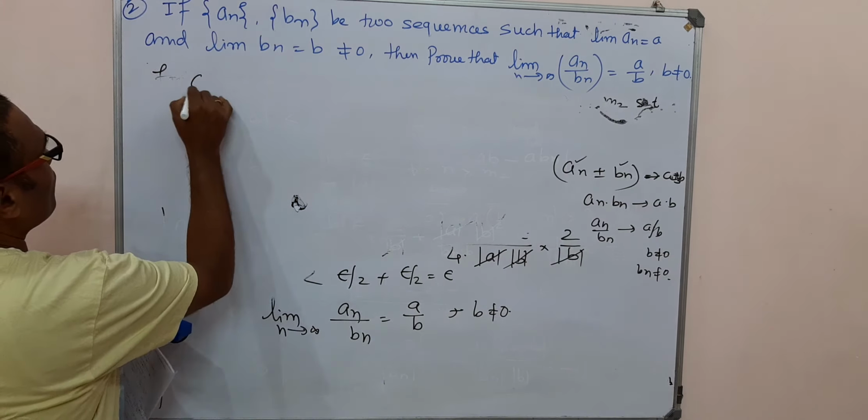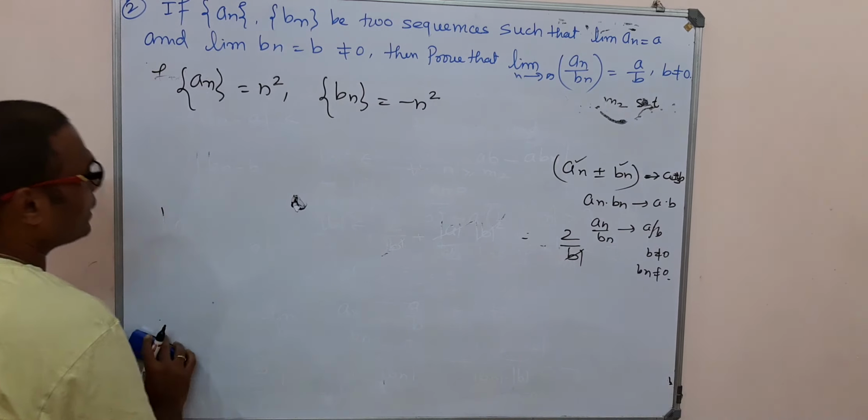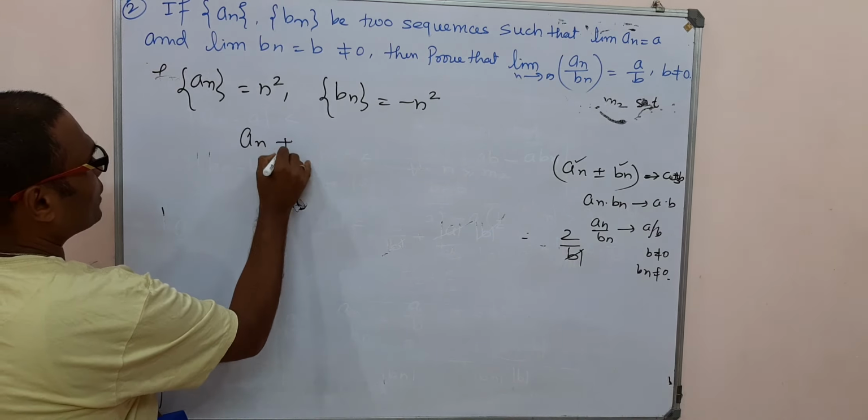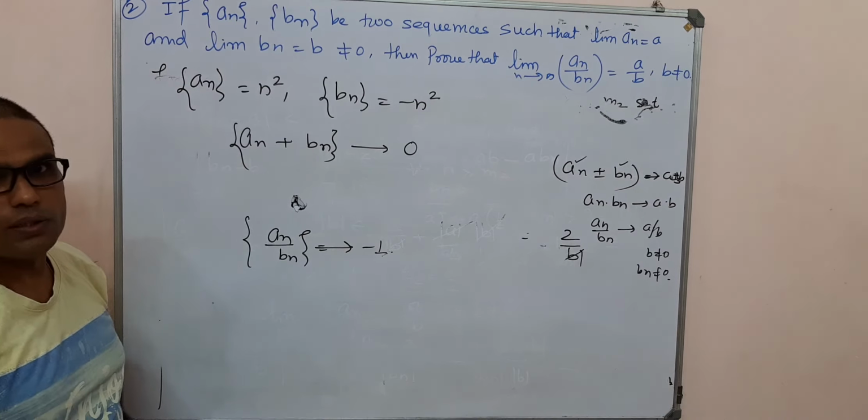But if you take the sum of these two sequences, it converges to 0. Not only the sum: if you take the quotient an upon bn, it converges to minus 1. So in general, the converse of all these results is not true here.